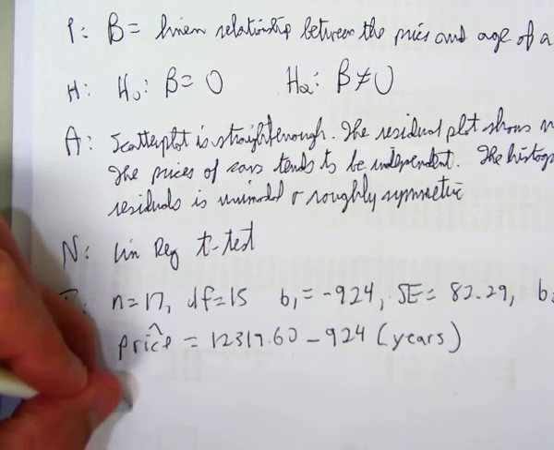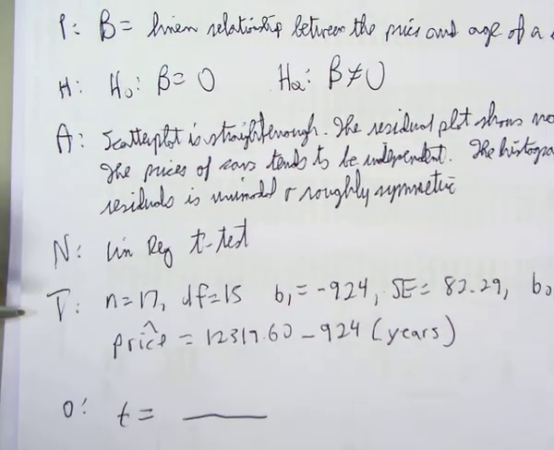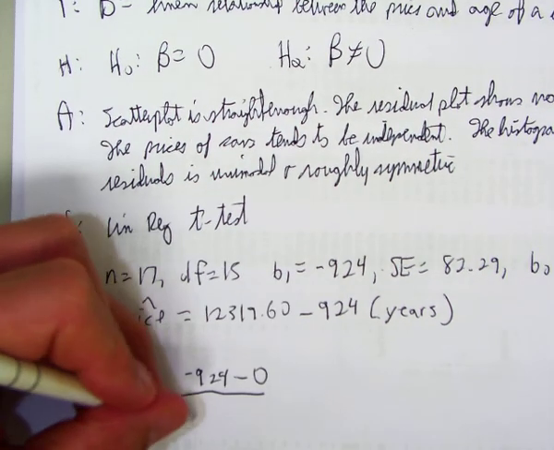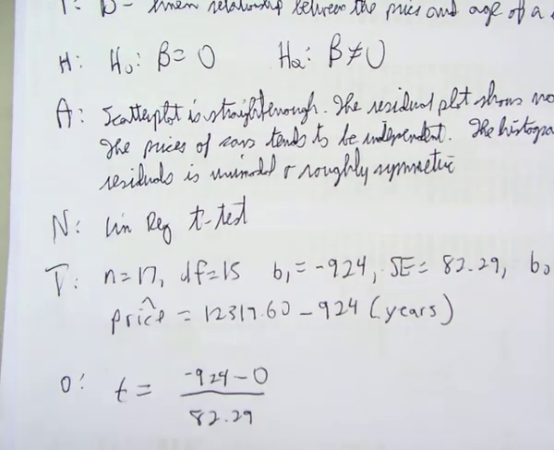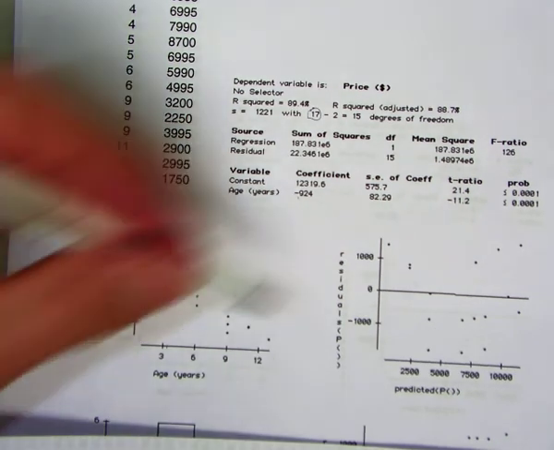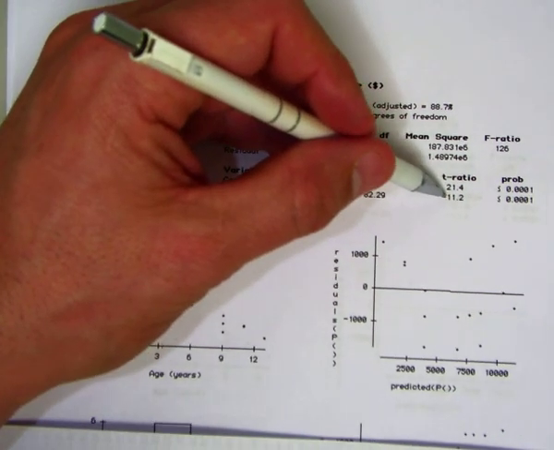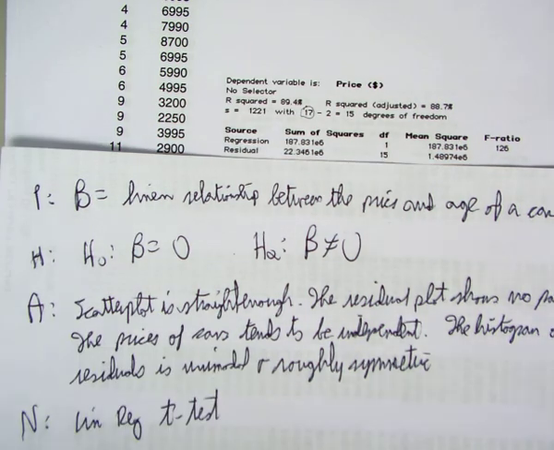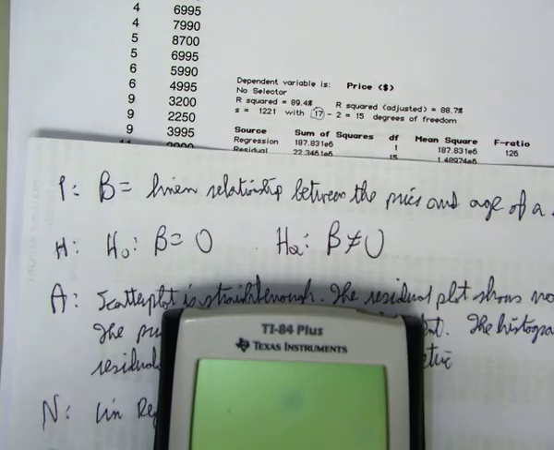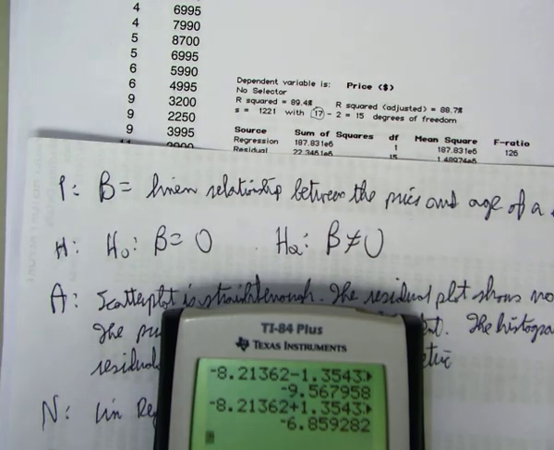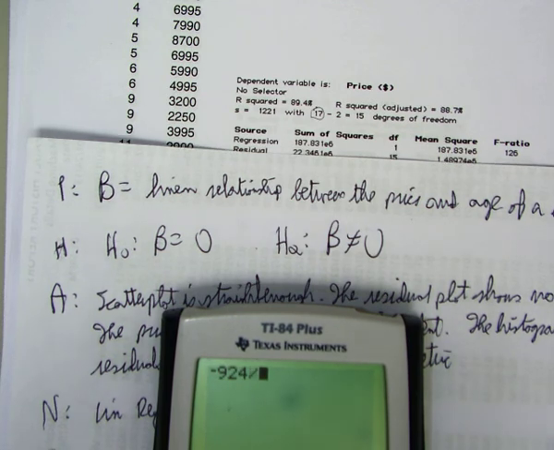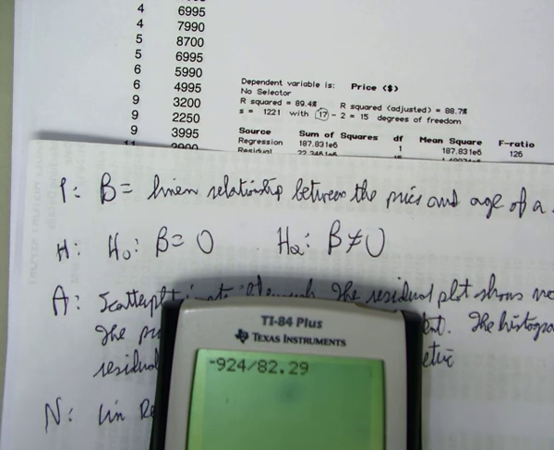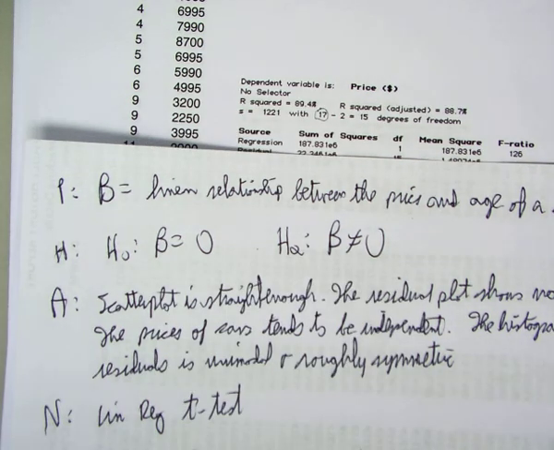Obtain P. t equals B sub 1 minus 0 over the standard error. And we already know what that is. That's going to be like negative 11.2. It's right there. Let me just check it to make sure we're on the right page. Negative 924 divided by 82.29, and we get 11.2, so that's good.